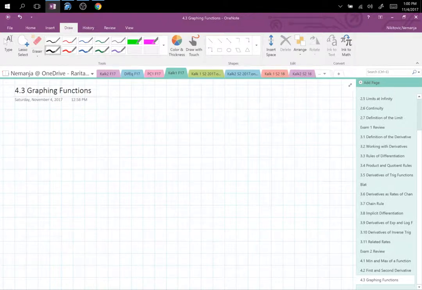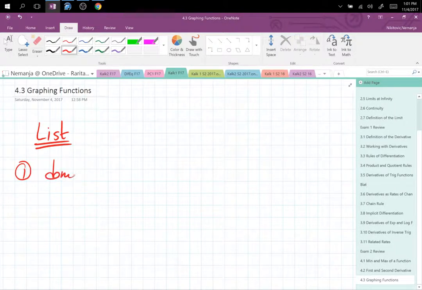So what do we do? We get what I call a shopping list, right? These are the things that you need to find, and then if you put all of these together, there's your graph. Number 1, domain. Number 2, x-intercept.